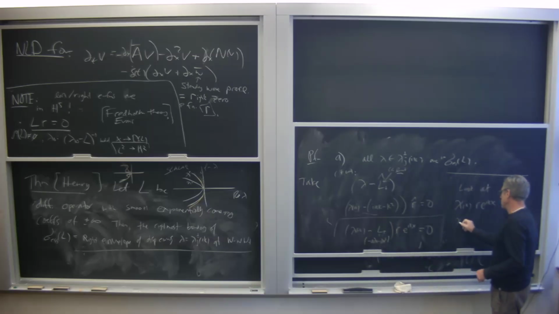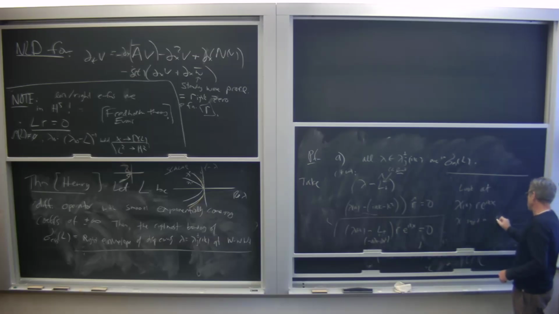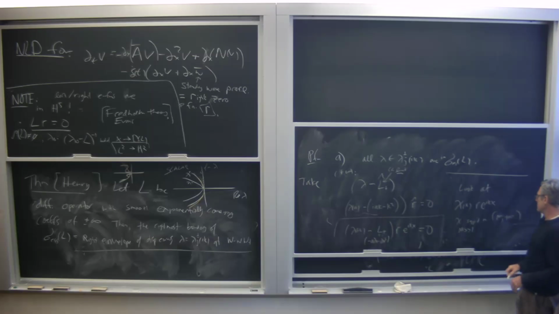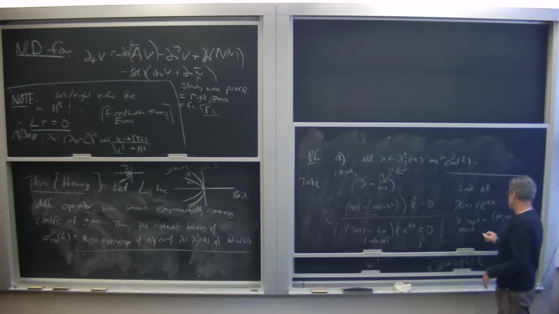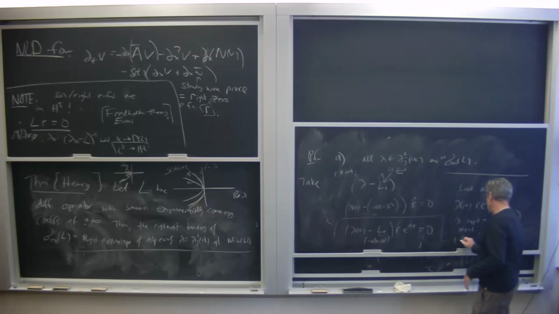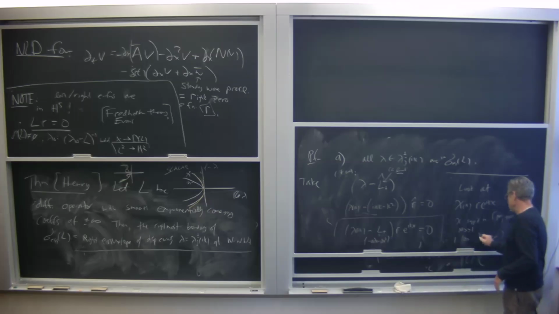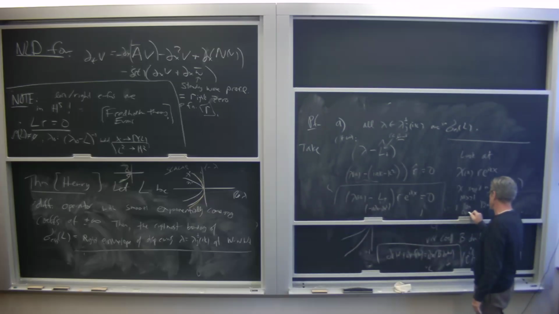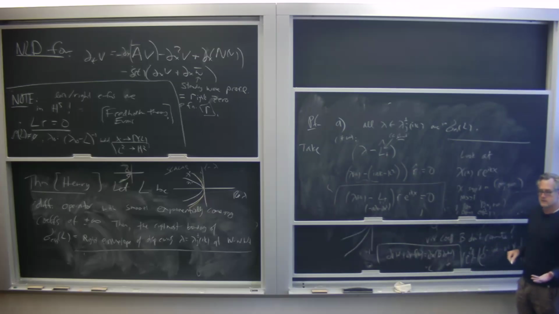And I'll take chi supported on minus m to plus infinity, m very large, and going from 0 to 1 on m to 2m, so that all derivatives are of order 1 over m, which is the cutoff function.